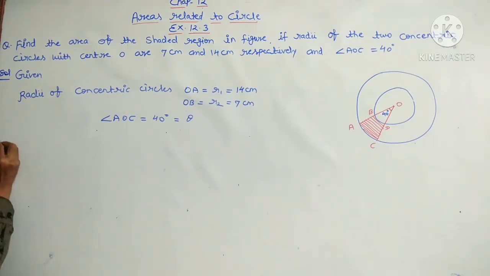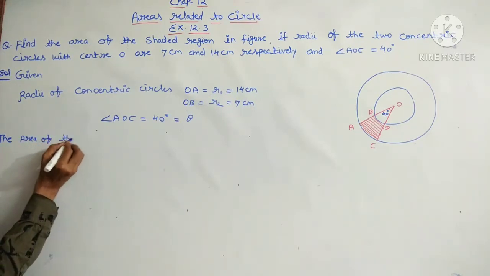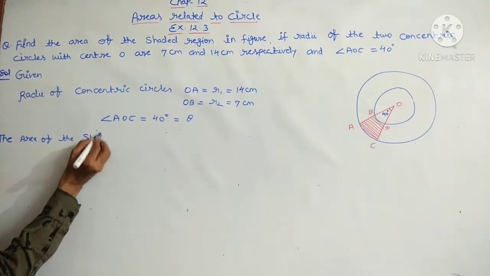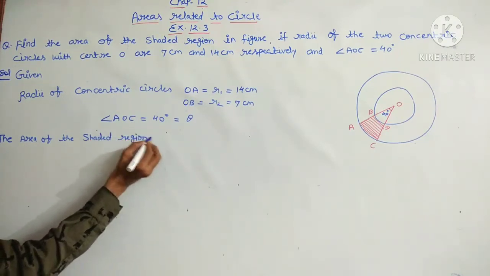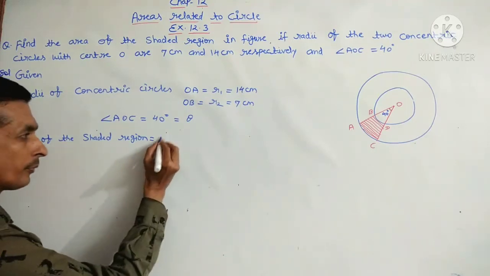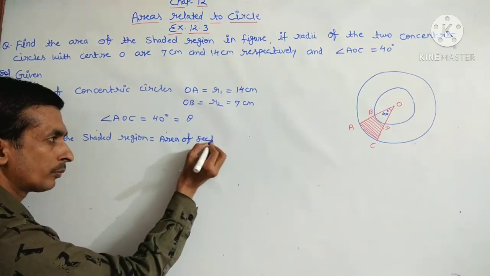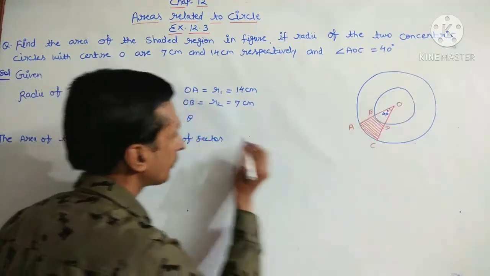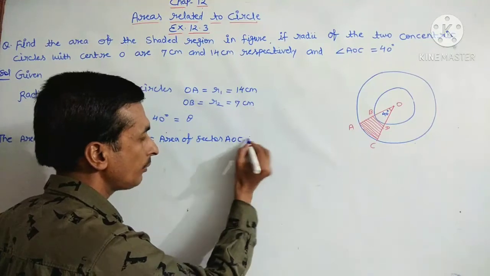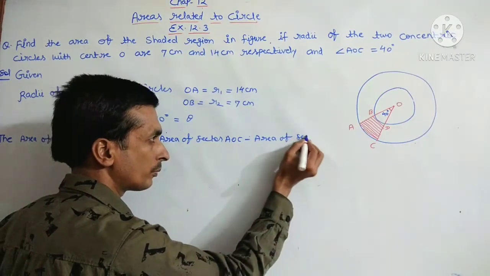So now you can write: area of the shaded region is equal to area of the bigger sector minus area of the smaller sector.